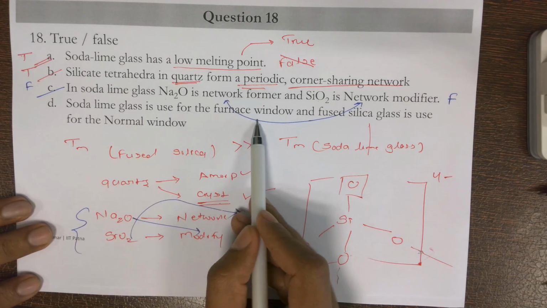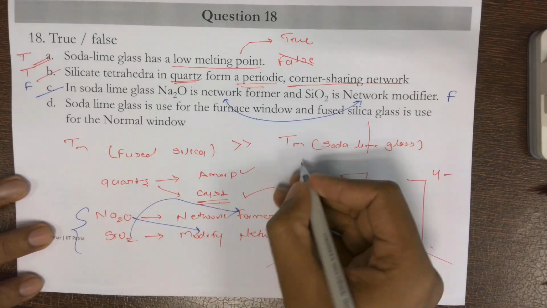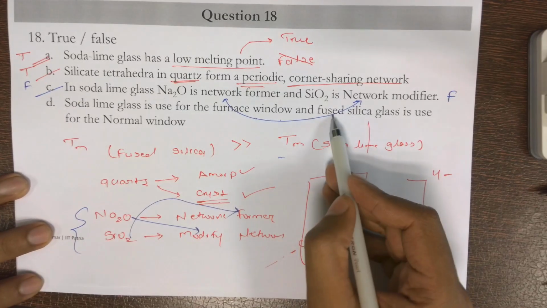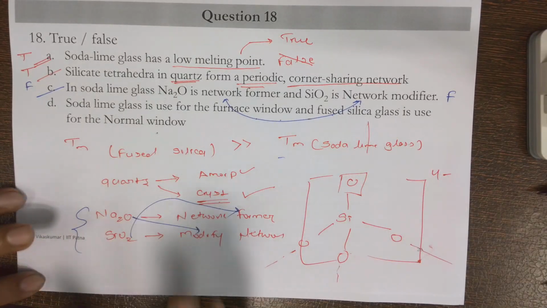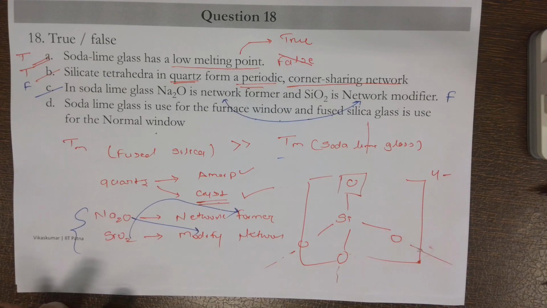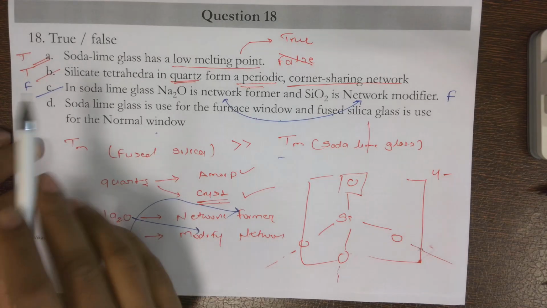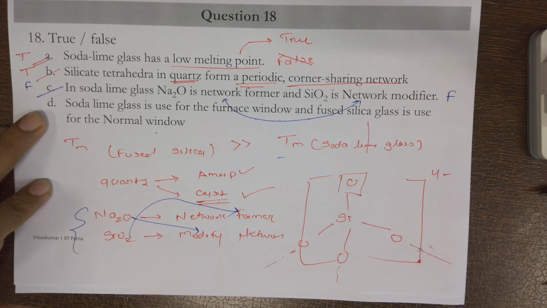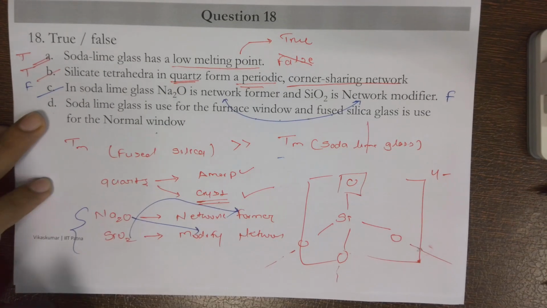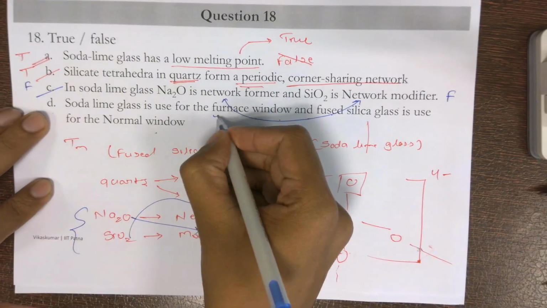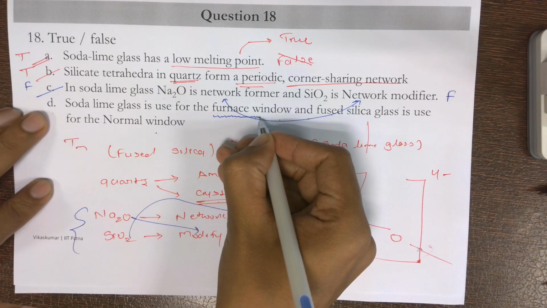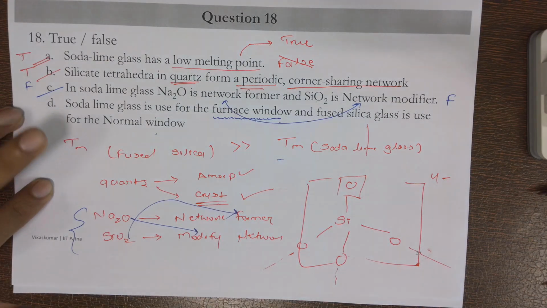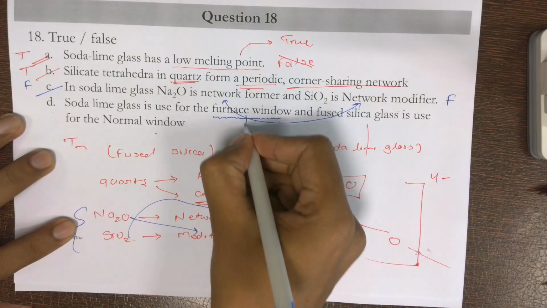The last is the window statement: fused silica glass is used for a normal window. This is a little tricky question. It is related to the application. Now we have to think that for a furnace window, if you are using a particular glass, then it should have a high melting point.